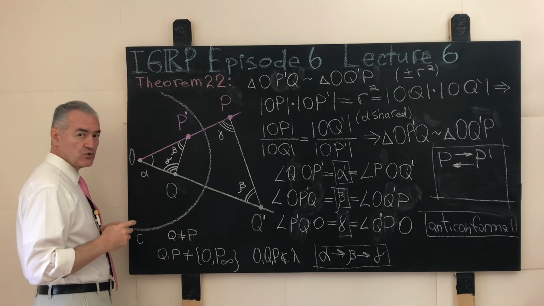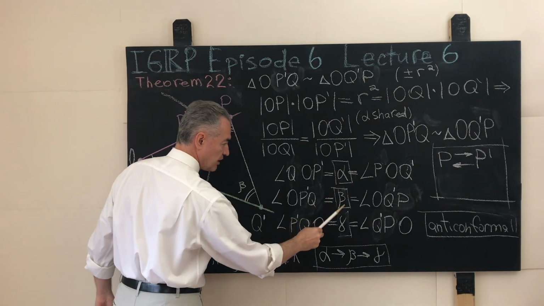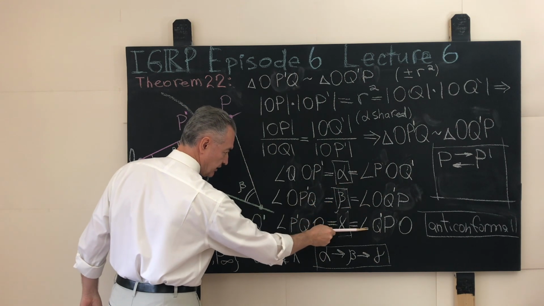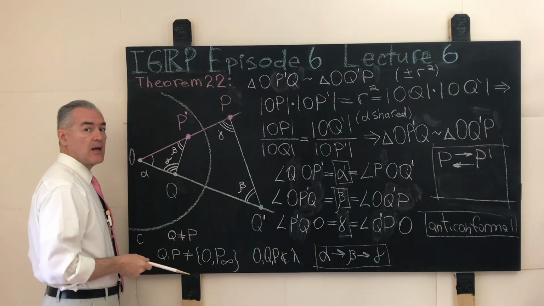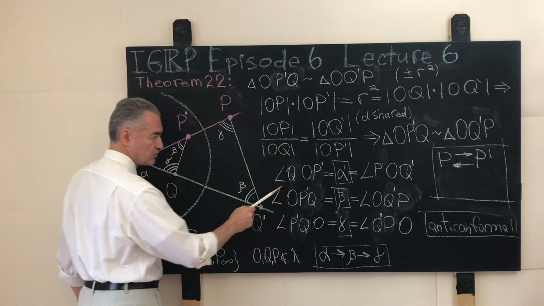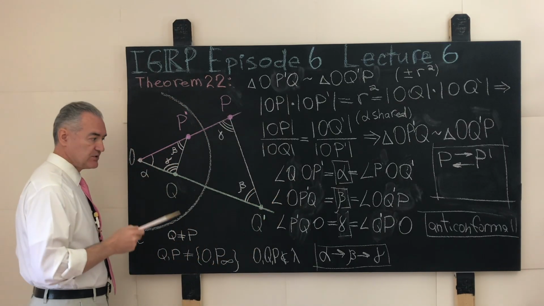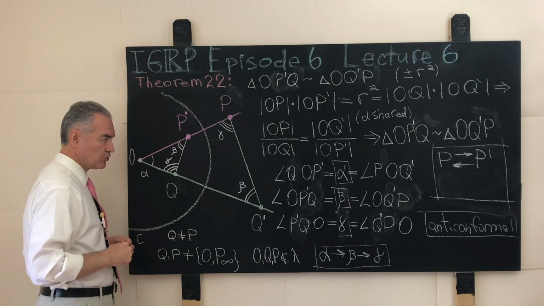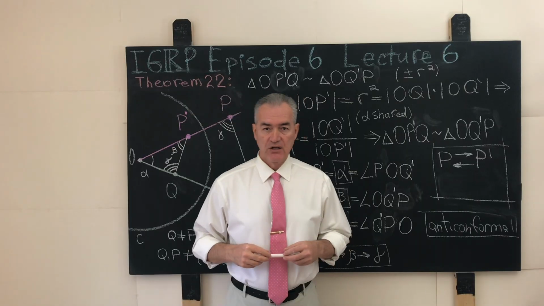Still, the magnitudes of the corresponding angles will be still one and the same as shown over here, here, and here, so the angles will be preserved in this case, but the directions in which we form these angles and name the vertices of these angles will change to the opposite, as we explained earlier. And now we're done with the theorem 22.